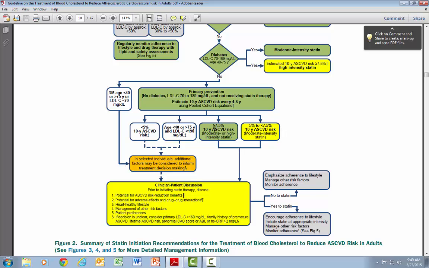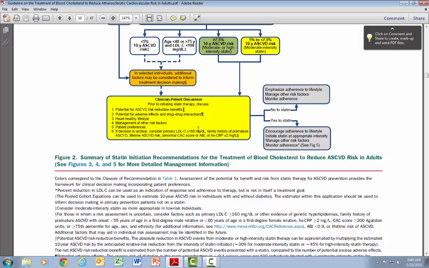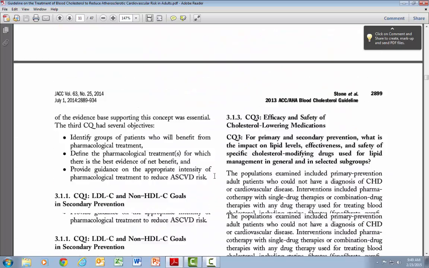On the contrary, if your risk of death is high, okay, then besides emphasizing lifestyle modification, you should start moderate intensity statin. And you know already what the lifestyle modifications are.